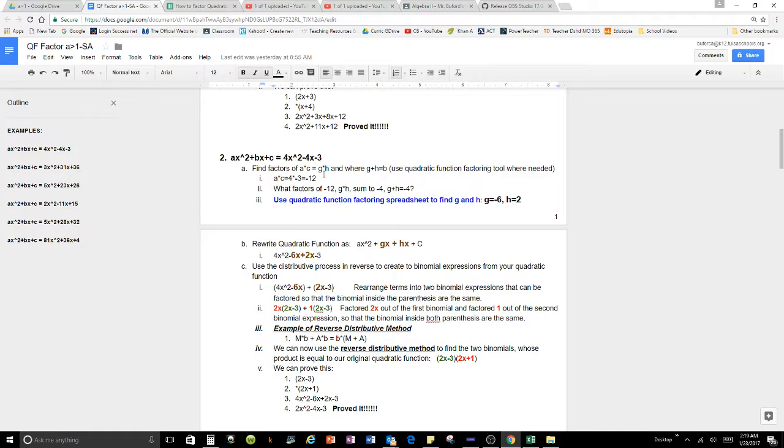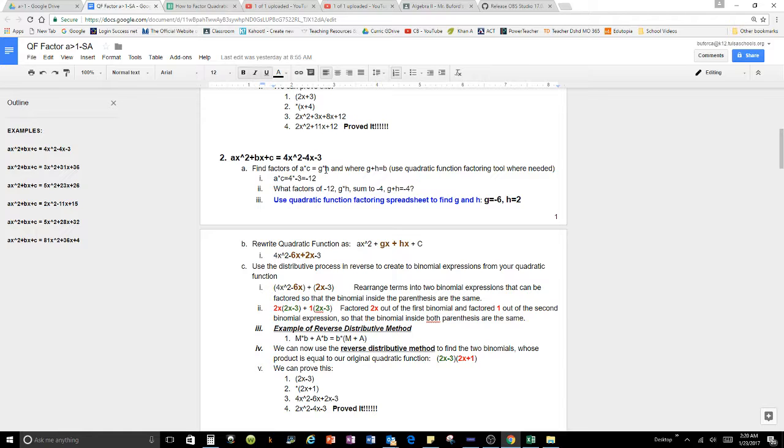Remember, when we found the g and h before, they became the values for our binomials, x plus g and x plus h, and so the g and h would directly give us the binomials. In this case, we have to use the g and h to rewrite our quadratic function in a way that allows us to find those binomials using the reverse distributive method.